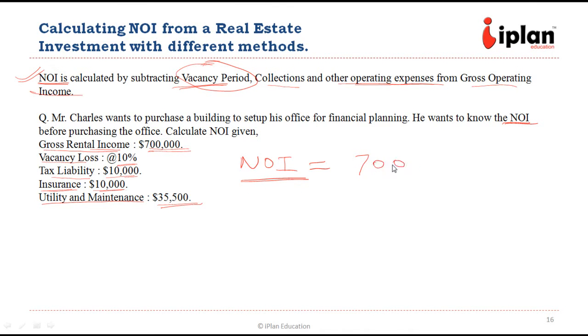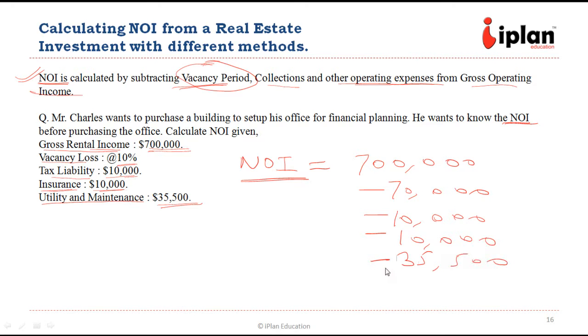So there was gross rental income 700,000. So 10% is vacancy loss. So minus 10% of it, which is $70,000, minus tax liability $10,000, minus insurance cost, which is again $10,000, minus utility and maintenance cost, which is $35,500. So net of which we are going to have net operating income.